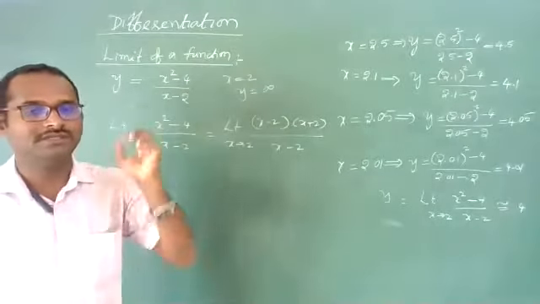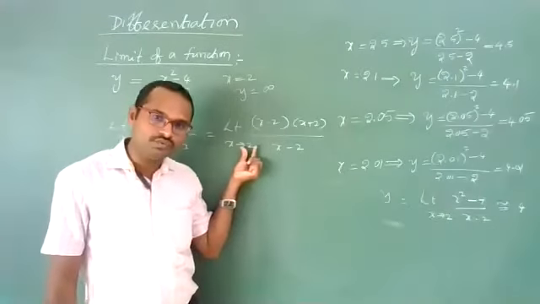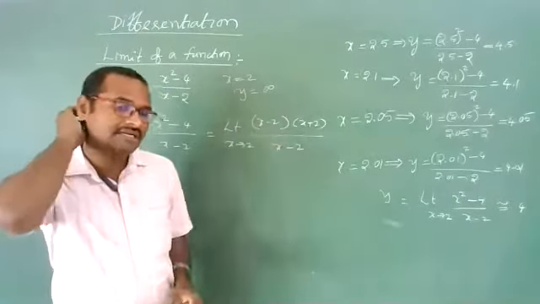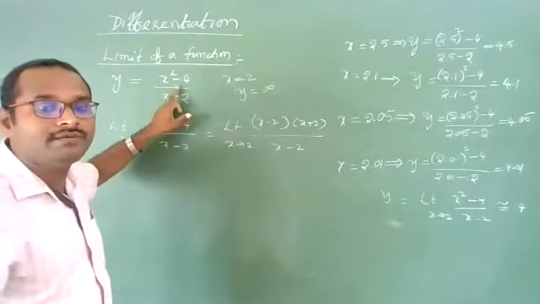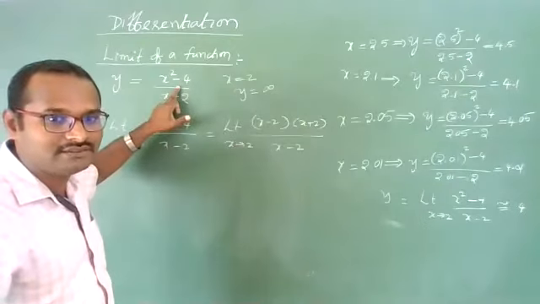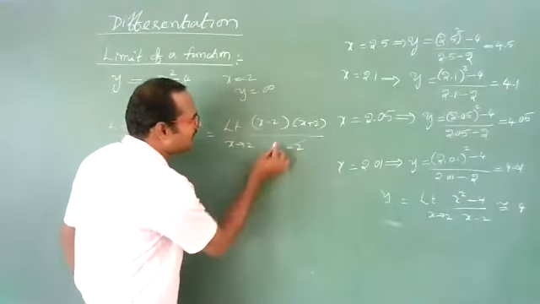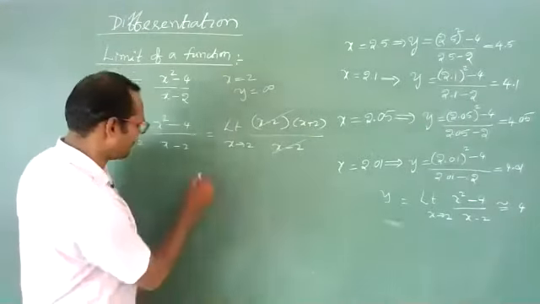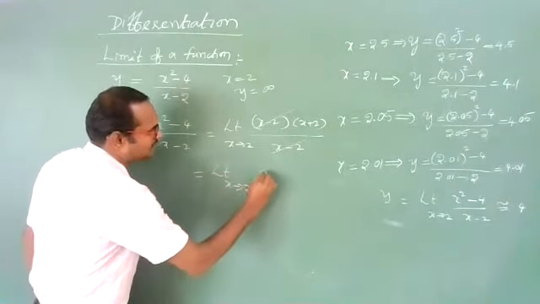Now see, students, one thing. When you keep exactly x is equal to 2, this will become 0, this will become 0, indeterminate. But if you are able to write the expression in this format, so that this indeterminate factor cancels out, then you can write directly limit x tends to 2 of x plus 2.